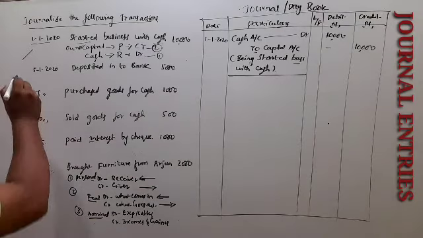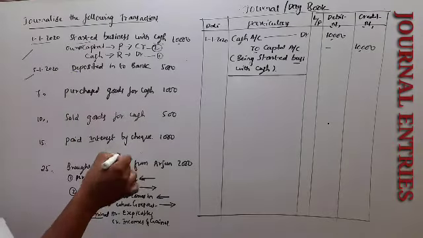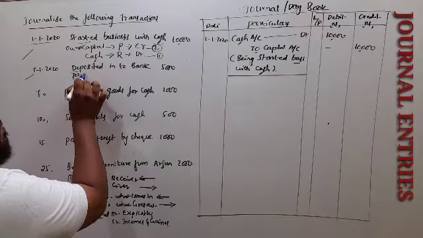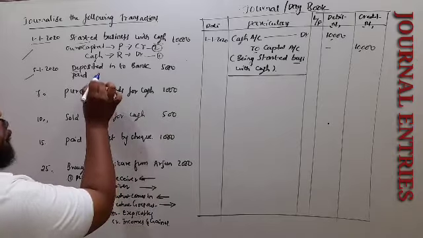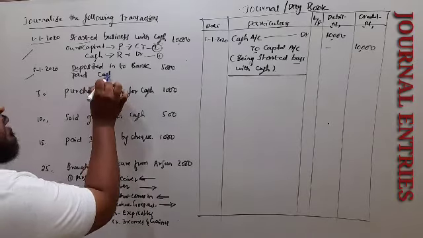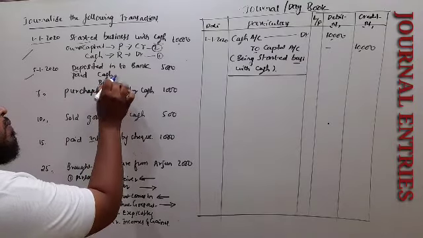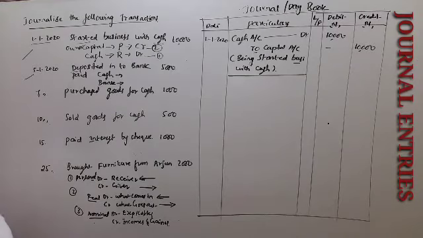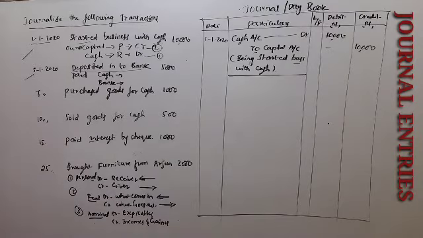Now the second entry, that is the second transaction: deposited into bank. Deposited here means paid. Where have we paid? Into bank. So in this transaction, two accounts are involved, cash account and bank account.